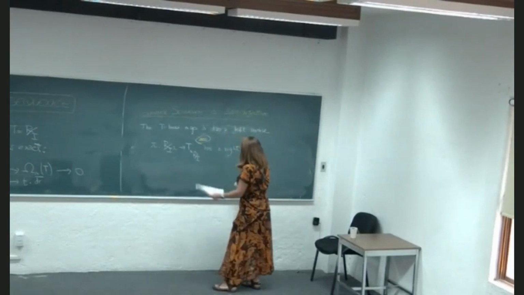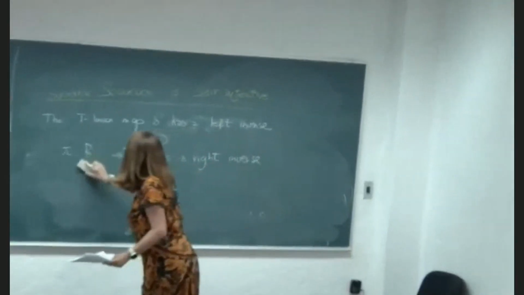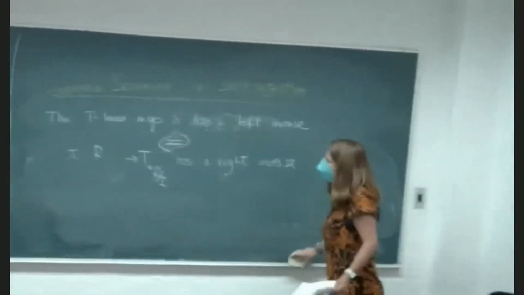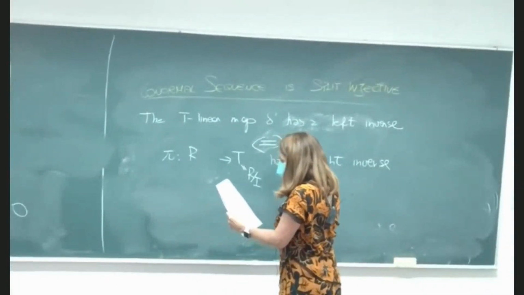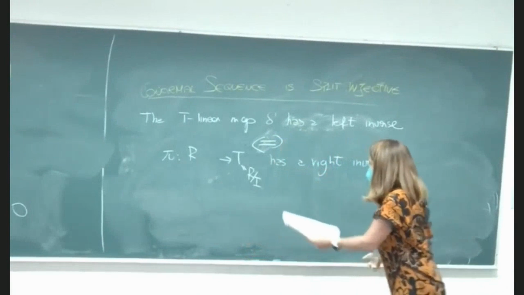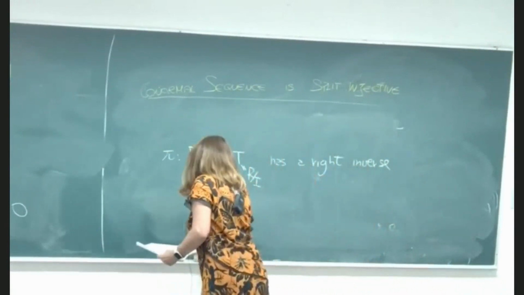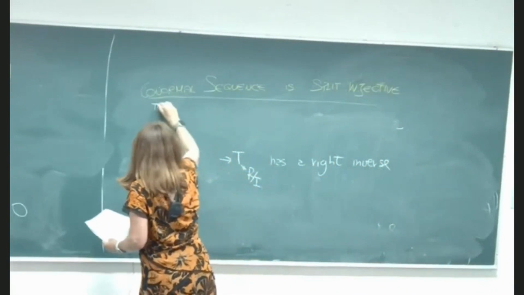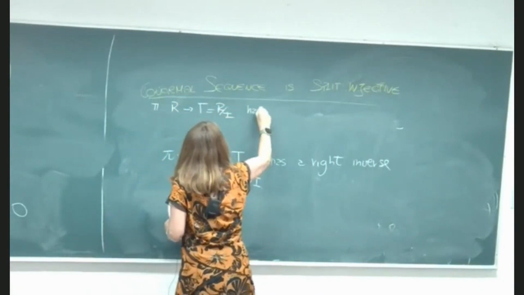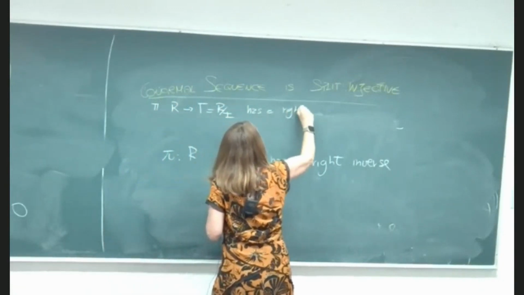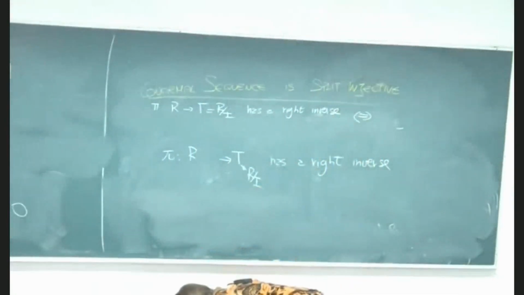And I have to prove this. I don't know how I have space here. So I square is 0 now, so this is this. So let's start. The proof, I'm going to get to this at the end. I'm going to start with this pi, and I'm going to write pi from R to T, which is R mod I, has a right inverse if and only if, I just write what it means.